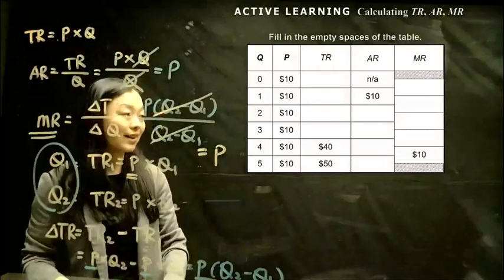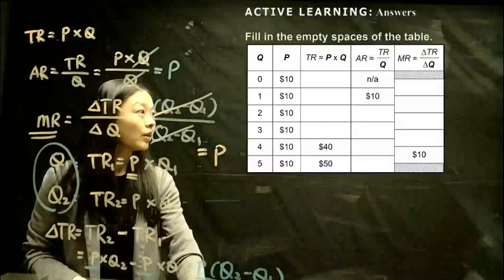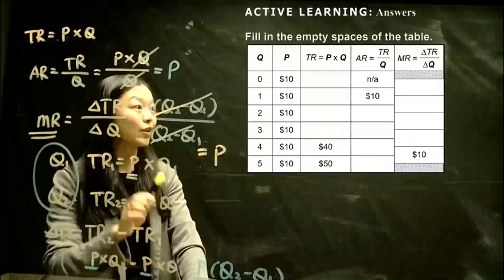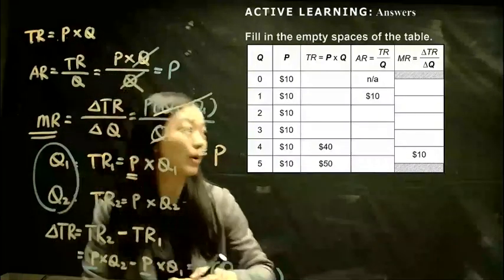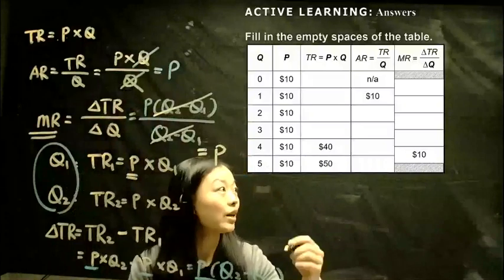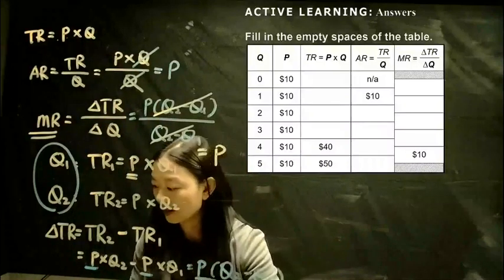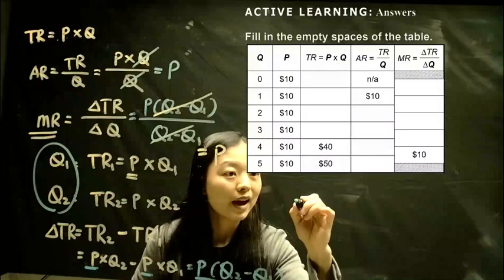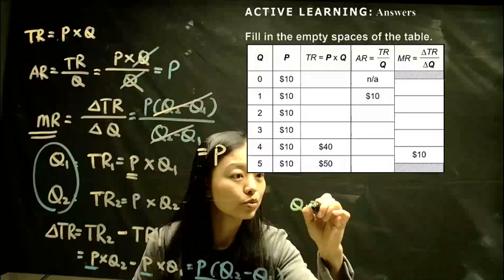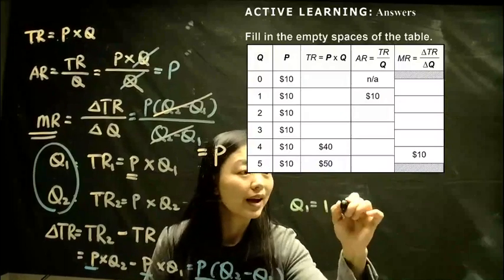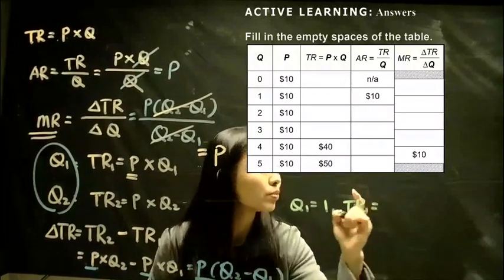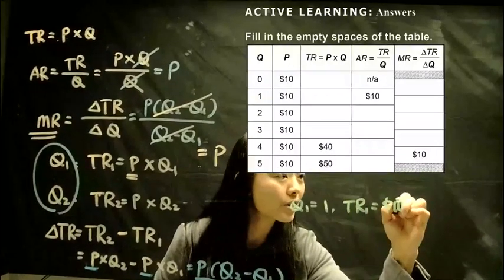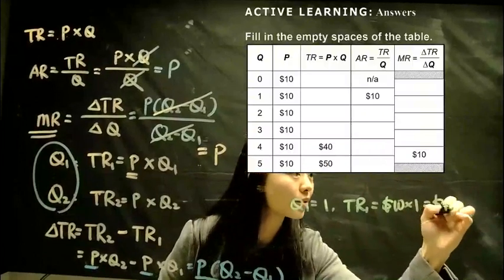So if now the output increases from 0 to 1, what will happen? Let me just write it down here. Now the quantity equals 1, right? We have the total revenue equal to price times the quantity. So P times Q, $10 times 1 will equal $10, right?